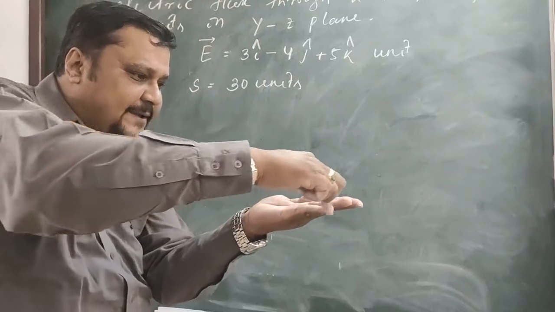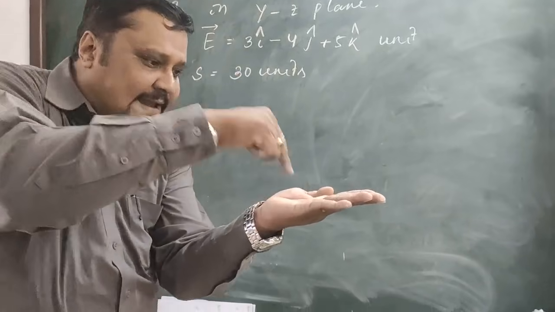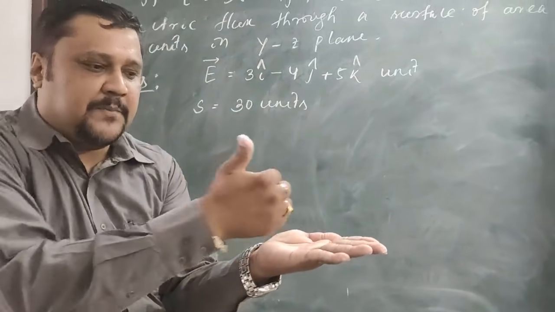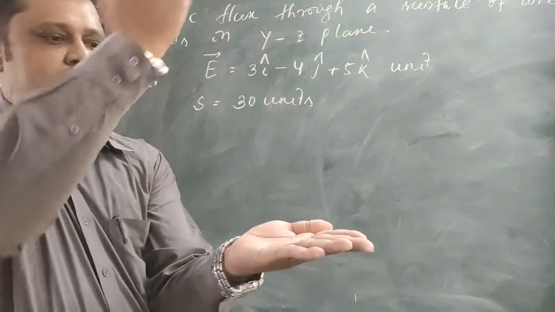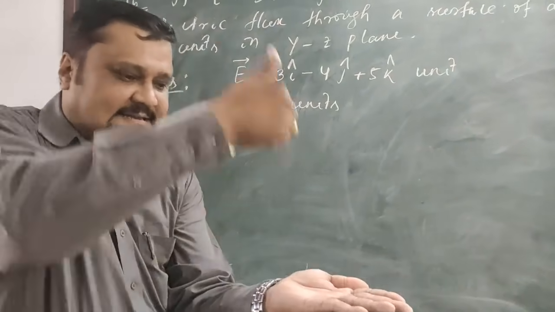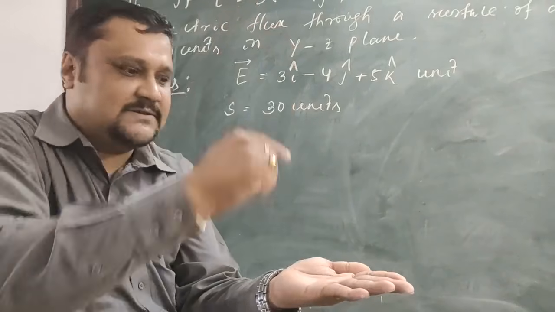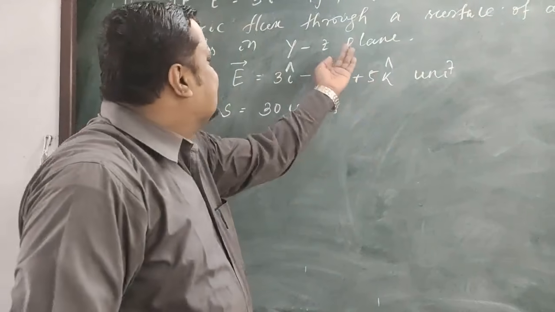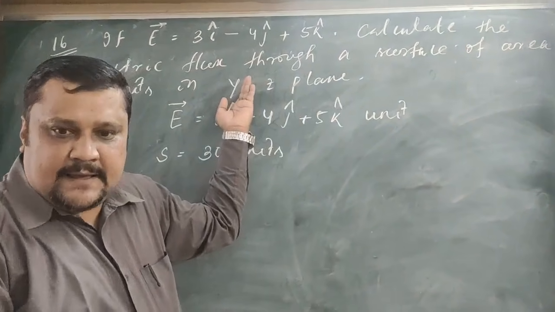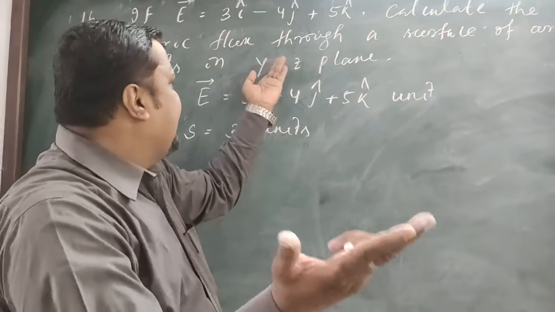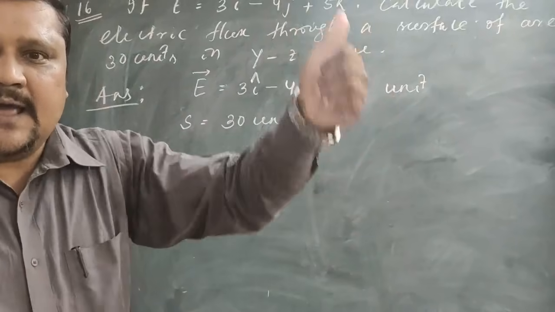What is the area vector of this? Perpendicular, upward. Which axis is perpendicular? The X axis. So if a surface or plane is in the YZ plane, its area vector is along the X axis.